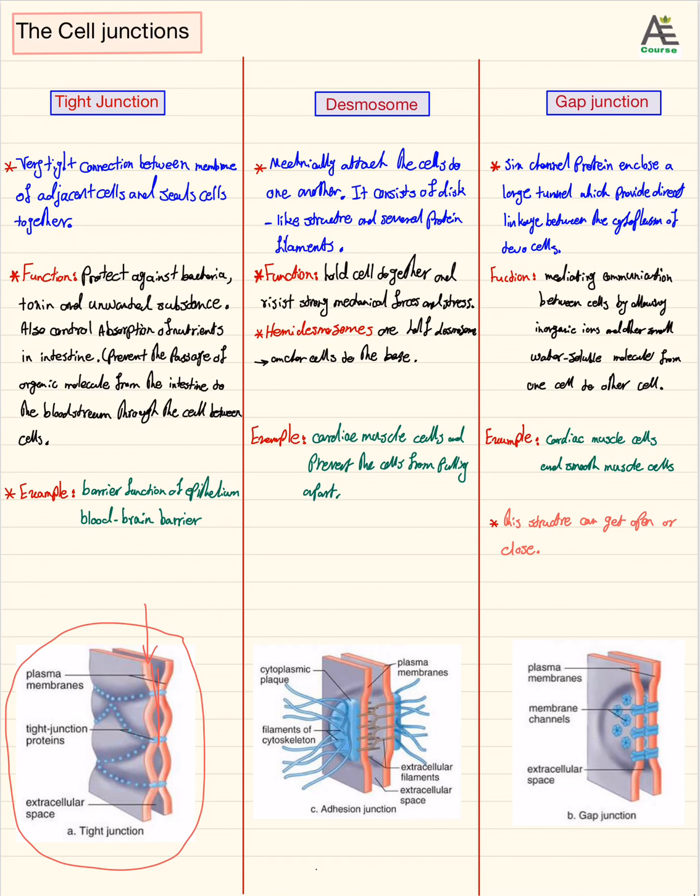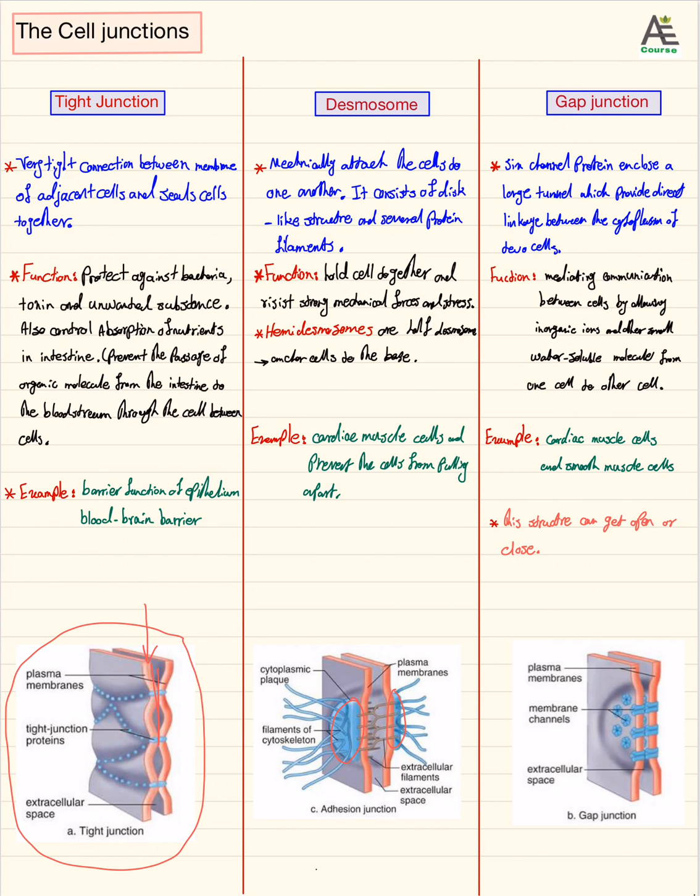Let's see desmosome. Desmosome is a mechanical attachment of the cells to one another, and it consists of two discs. As you can see here, there are two discs and some protein filaments that attach these two discs together and hold cells together.